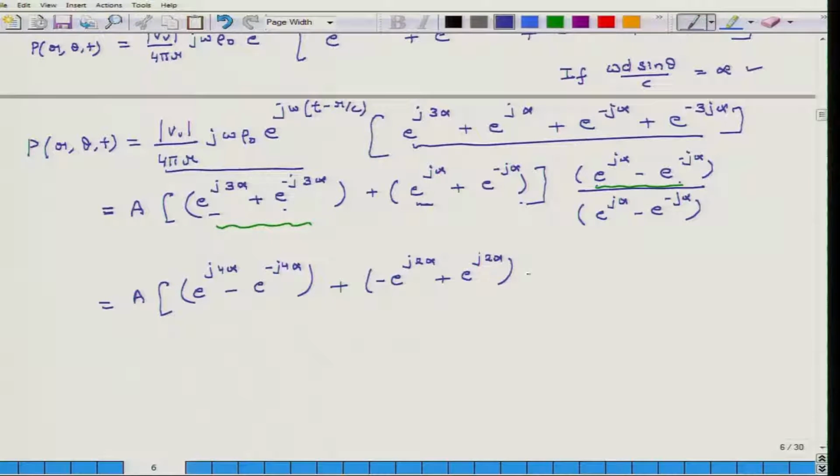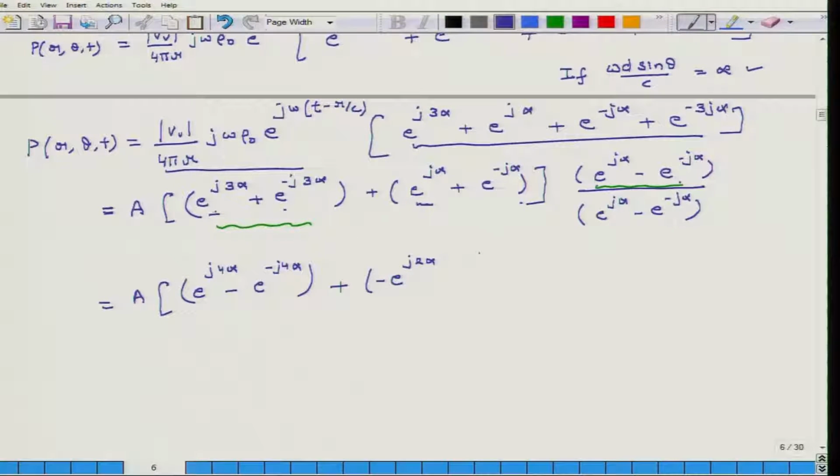Okay, let us step back a little bit, otherwise this will be too fast. So, this is E j 4 alpha minus e to the power of minus j 4 alpha.